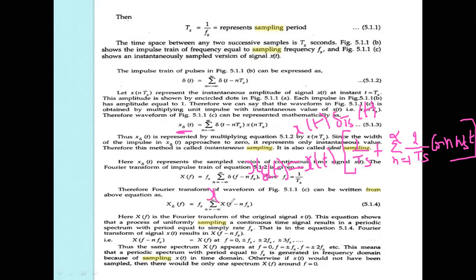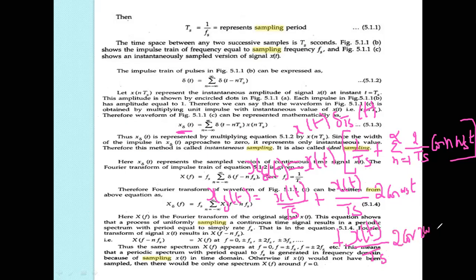Then x delta of t is equal to x of t by Ts plus x of t by Ts, here taking n is equal to 1, 2 cos omega s t, plus expanding this one, x of t by Ts 2 cos 2 omega s t, plus so on.